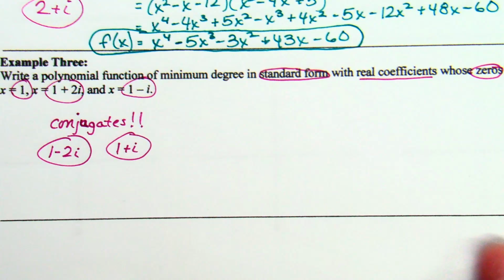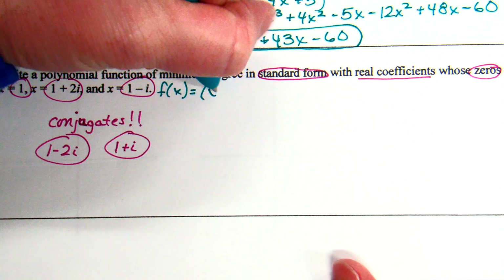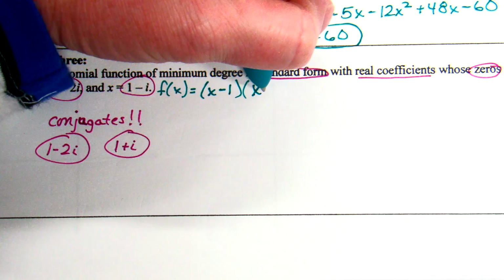f of x equals. So x equals 1 is going to be expressed how? x minus 1, because remember it's always x minus whatever the zero is. So, next one: x minus, well, how do you guys want to do this?